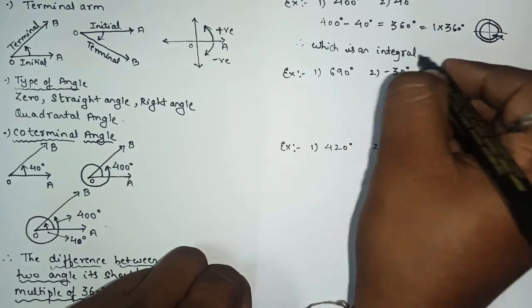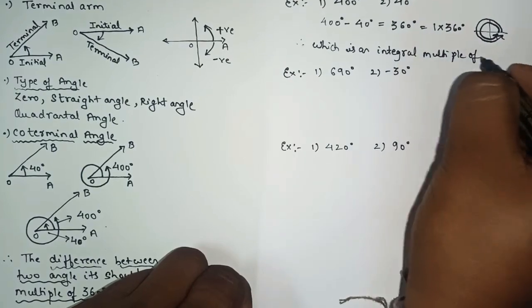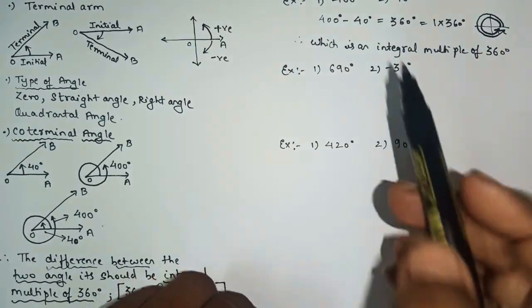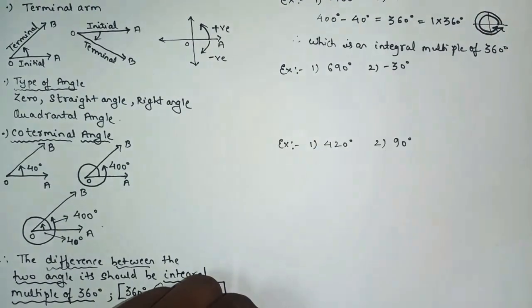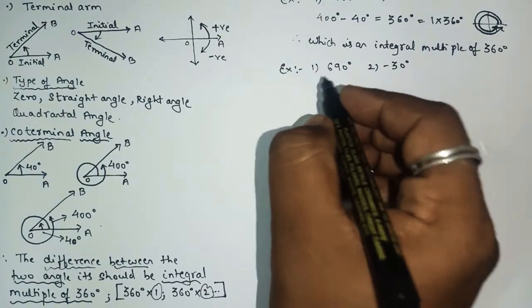I hope you all understood the meaning of integral multiple of 360. So therefore we can say that this pair of angles is coterminal. Got the point? Now we'll see the second one.